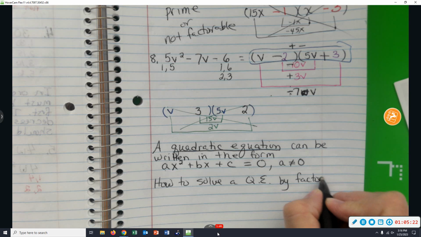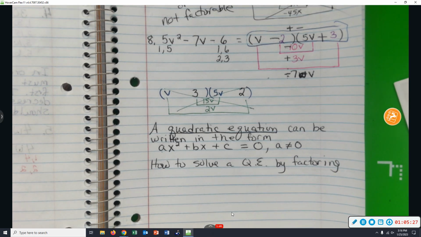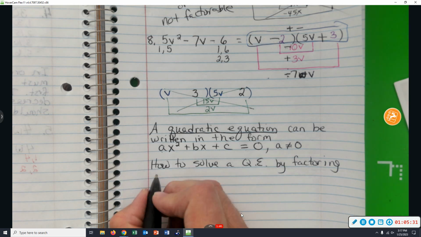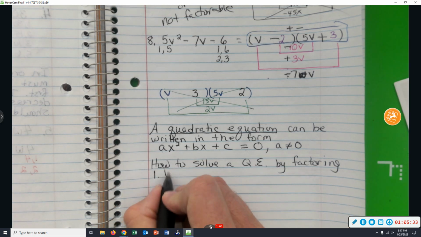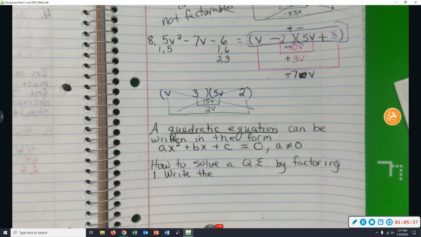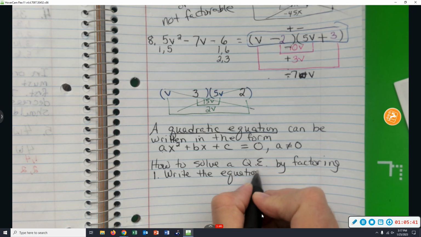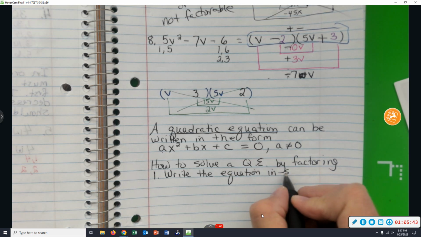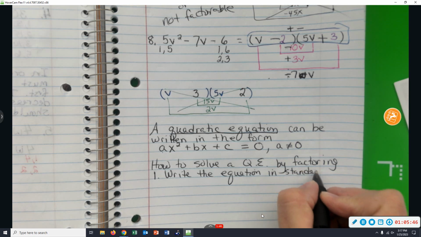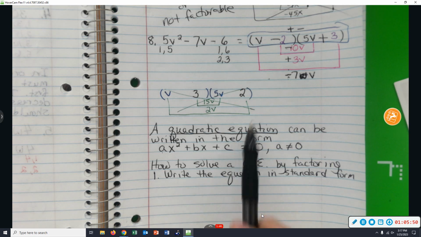There's actually a whole lot of different methods, and we'll see different methods on the next class meeting. Today we're only doing factoring. First step: the first step is usually done for you. Write the equation in standard form. That's the x squared, x, constant with a 0 on one side.